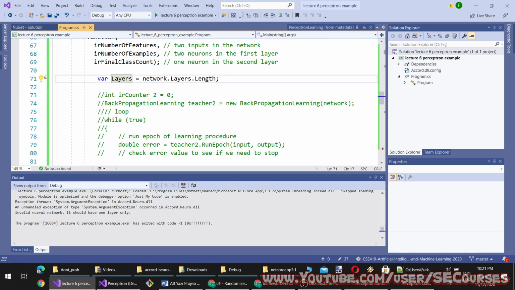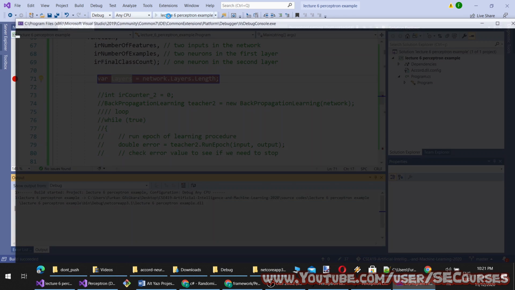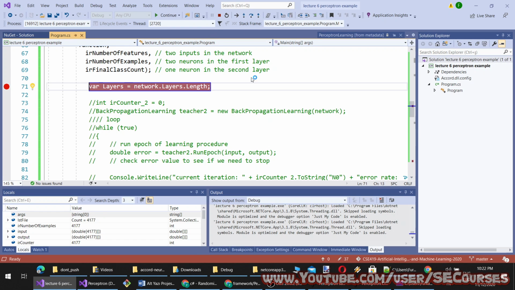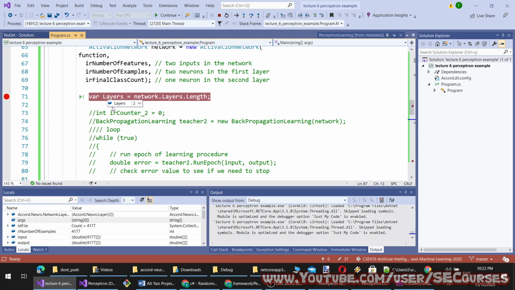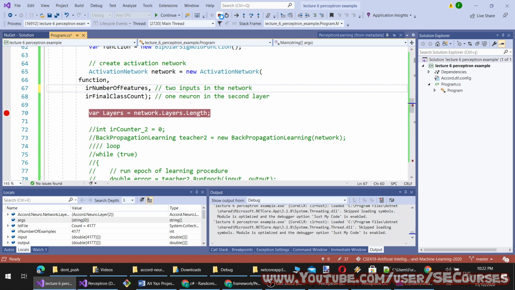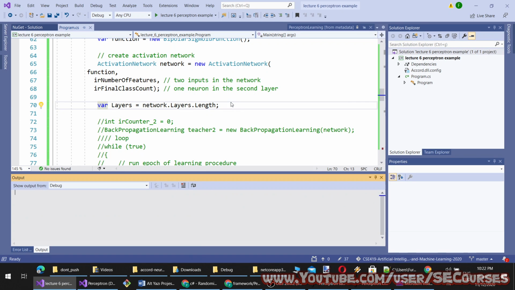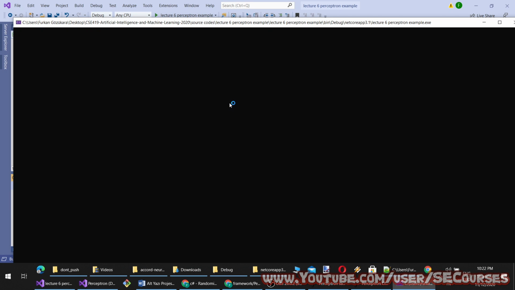Okay. Oh, it says we have two layers. Yes, it is true. We have currently two layers. If I remove this, it will work. However, this time we will have very poor performance.